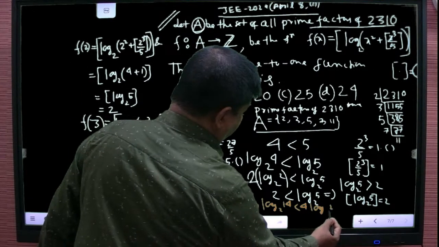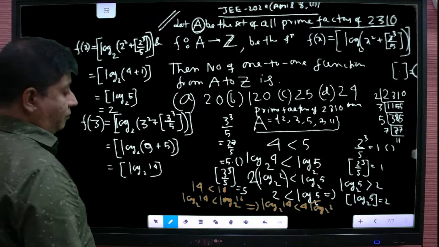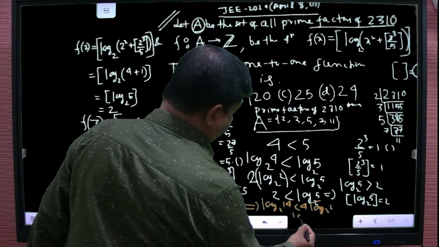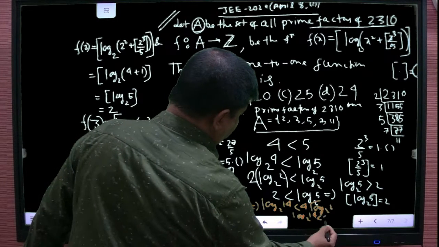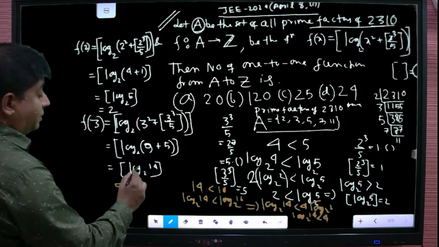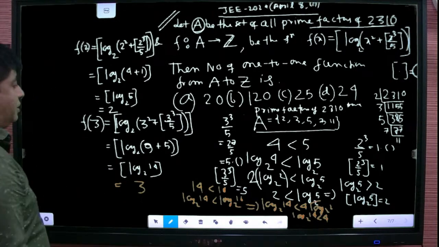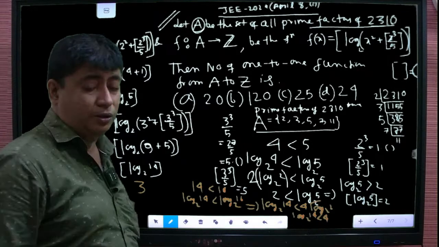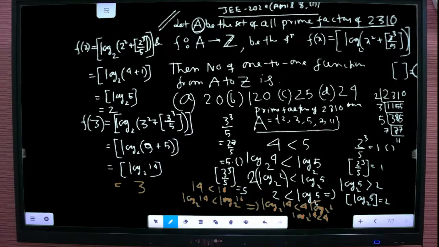Log of 2 to the base 2 is 1. So log 14 to the base 2 is less than 4. So box of this will be what? It is less than 4, means the previous value, 3. F3 is equal to 3. So F2 is equal to 2, F3 is equal to 3.